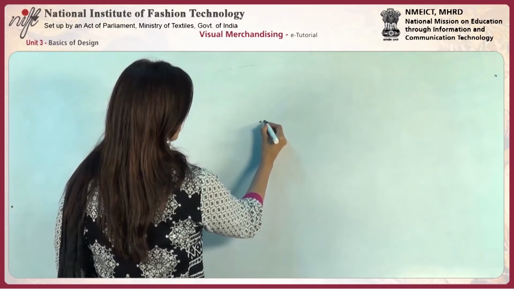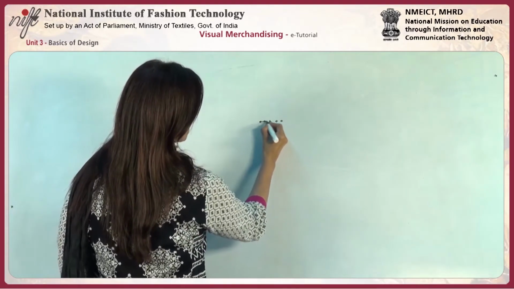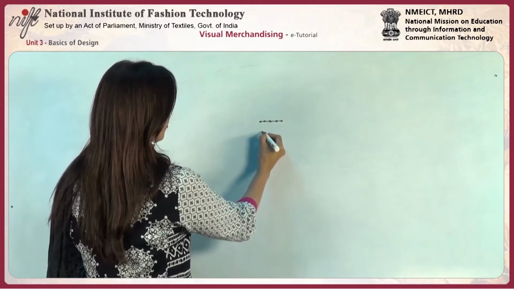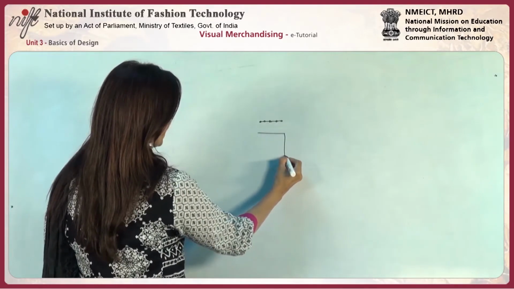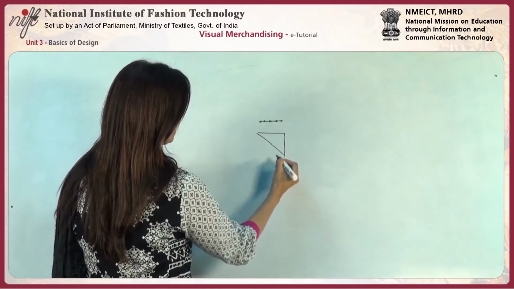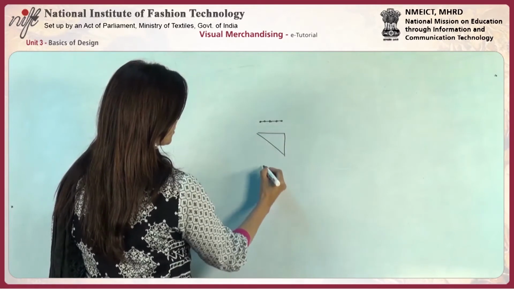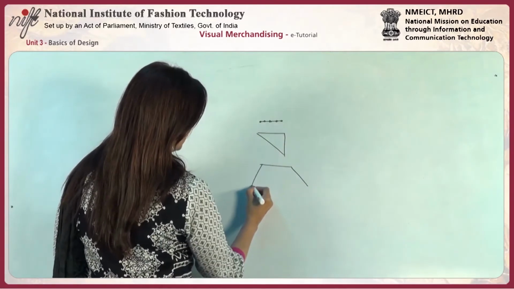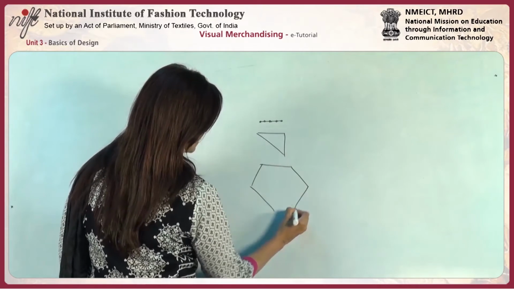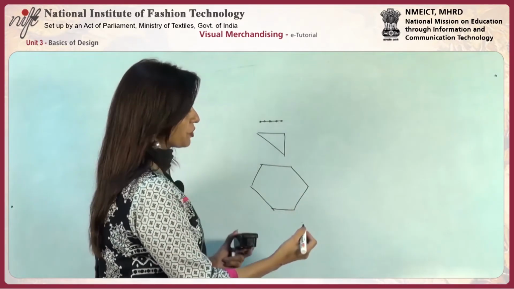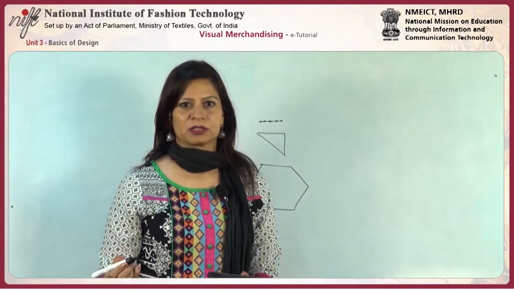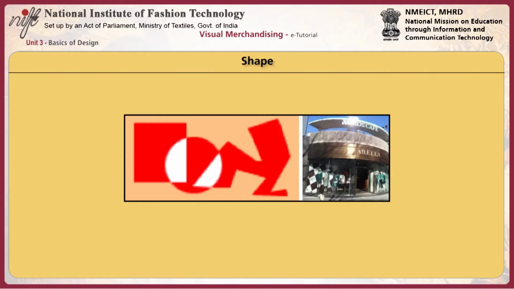So, the first was a series of points make a line. Now, a series of lines make a shape. The smallest could be a triangle, it could be a hexagon or an octagon, and so forth. There are different types of shape, such as mechanical shape and organic shape.